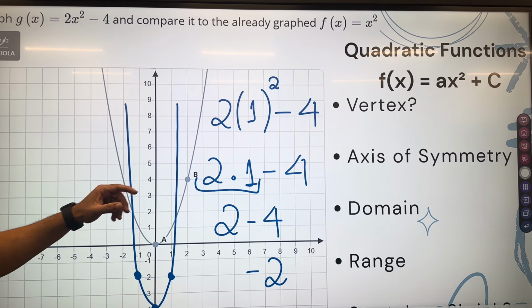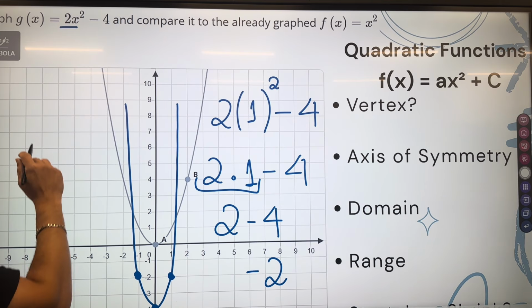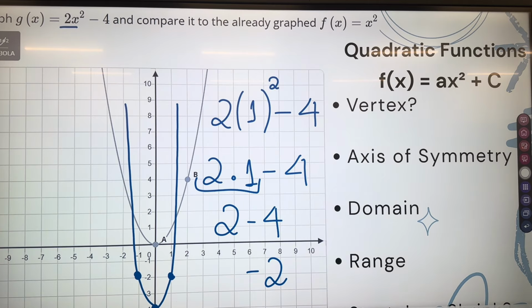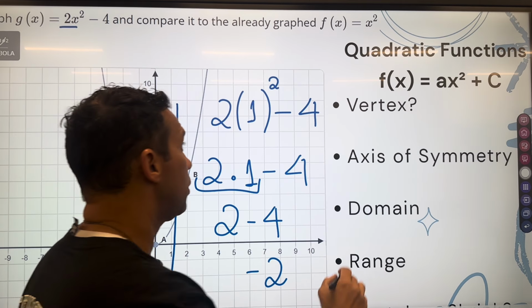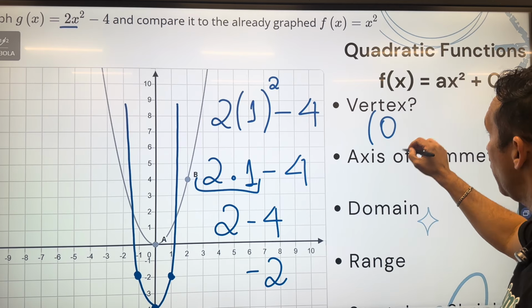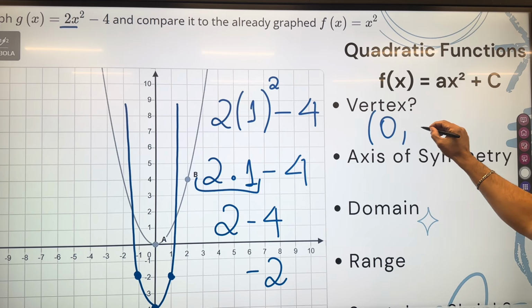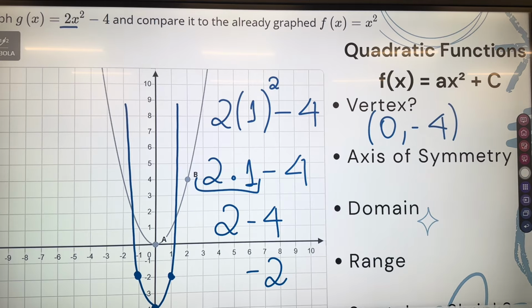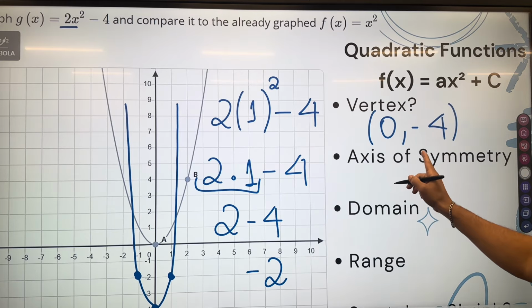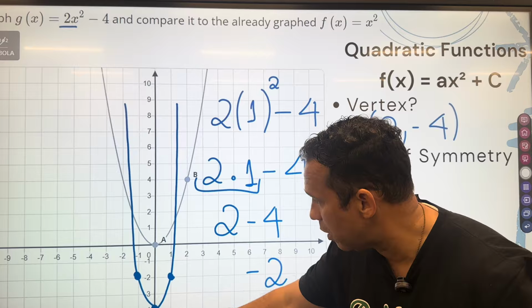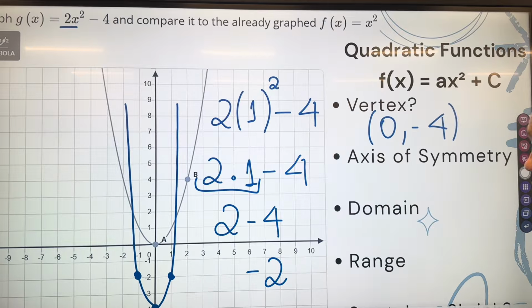It goes inside because when I multiply by a number that is not between 0 and 1, it's a stretch. So what happened here was the vertex x is the same, 0, and the y is negative 4, because the lowest point, the vertex, is 0, negative 4.